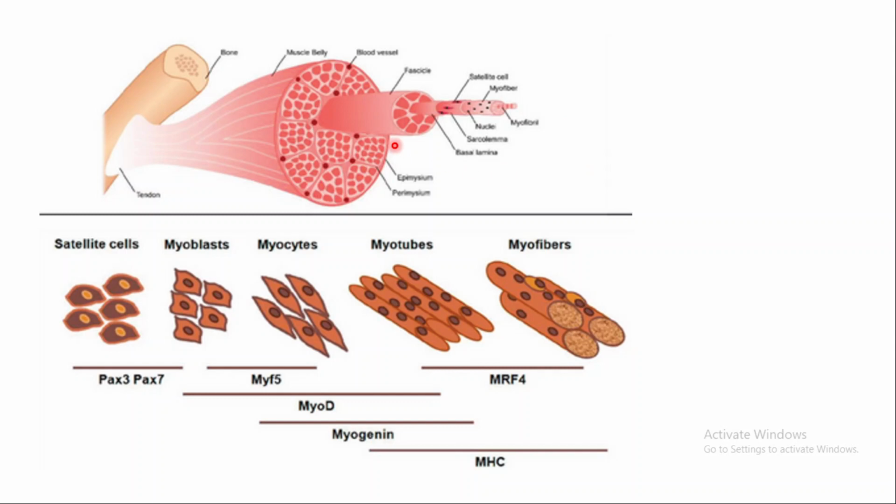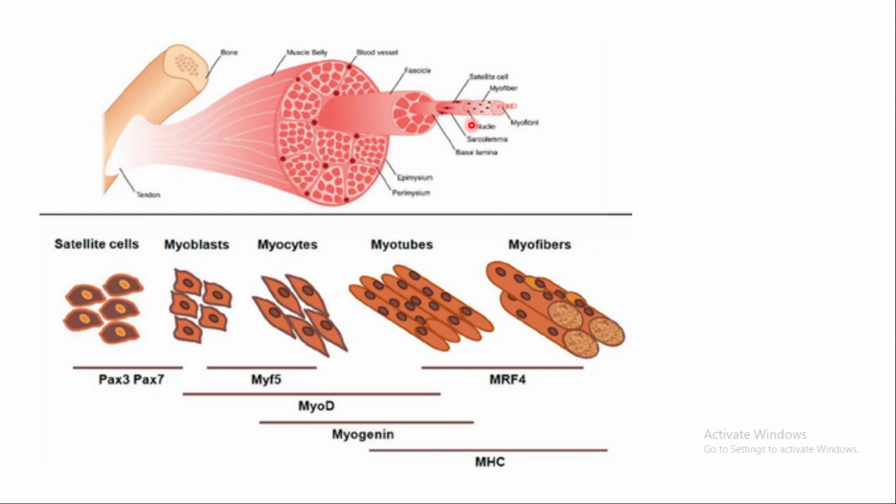If you cut through this muscle belly, there are little blood vessels inside these bundles of fibers, and one such bundle is called a fascicle, and inside a fascicle there are several other bundles of what we call myofibers, and these myofibers are coated with sarcolemma, basal lamina, and satellite cells.